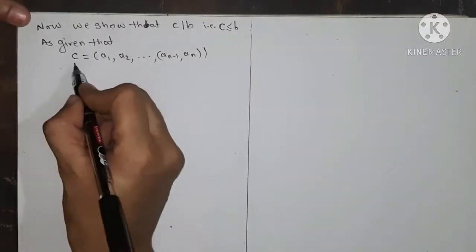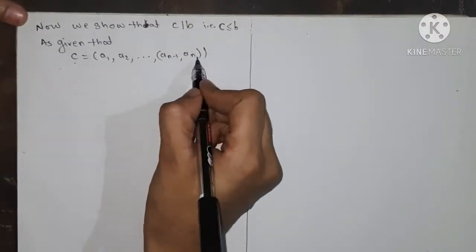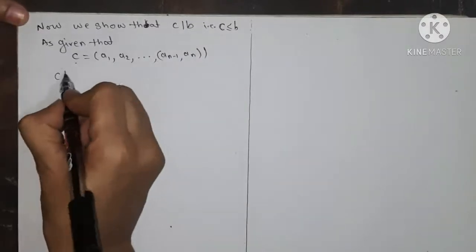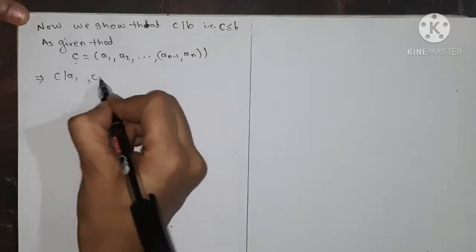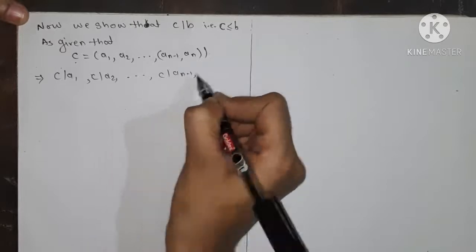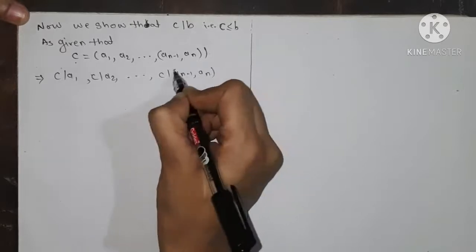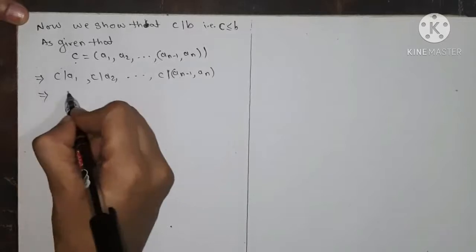So as C is the GCD of this, C is a divisor of all these numbers or integers. So C divides A1, C divides A2 and so on. C divides AN minus 1, that is C divides the GCD of AN minus 1, AN.